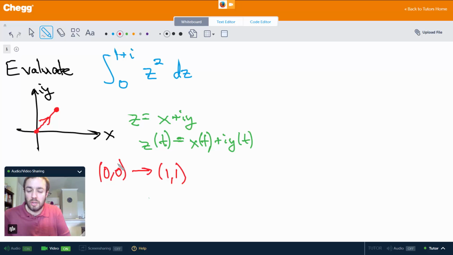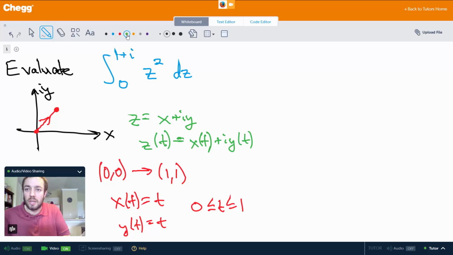So there are many different ways we can parameterize, but perhaps the best or simplest one is going to be: let's just say x of t equals t, and y of t also equals t, where 0 is less than or equal to t is less than or equal to 1. So if we go with that, then in our case z of t equals t plus t times i.